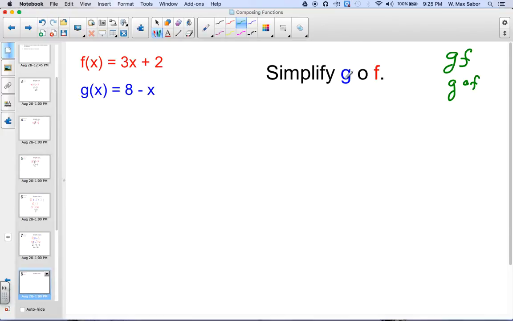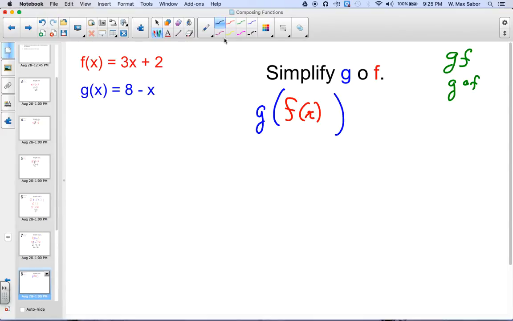This is just saying this is a function that takes in an input, runs it through f, and then takes the output of f and runs it through g. The other way of writing this is g of f of x. This is identical to g circle f, and if you write this every time that you see g circle f, you're fine.